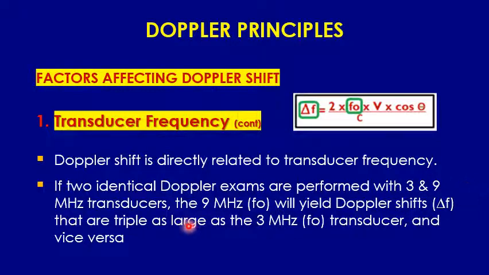The 9 megahertz probe will yield Doppler shifts that are triple as large as the 3 megahertz. What does it mean? It means that the transducer using 9 megahertz waves has higher chances to produce aliasing than the 3 megahertz transducer.